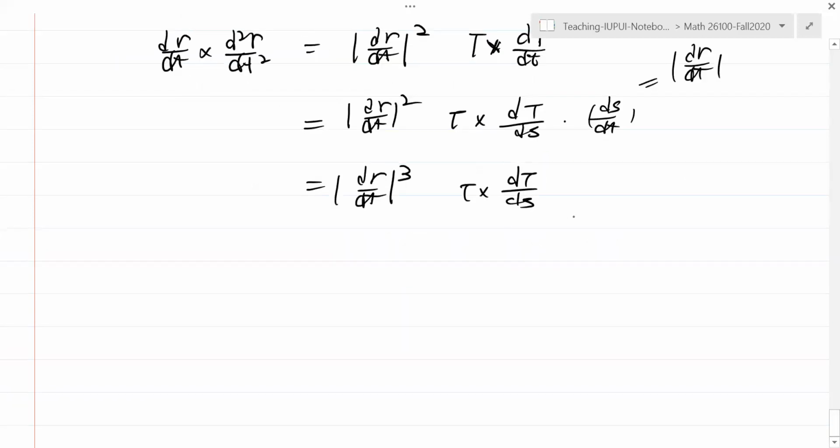Since these two vectors are perpendicular, this is T, and that's a little dT/ds. I know the curvature is going to be the length of dT/ds.